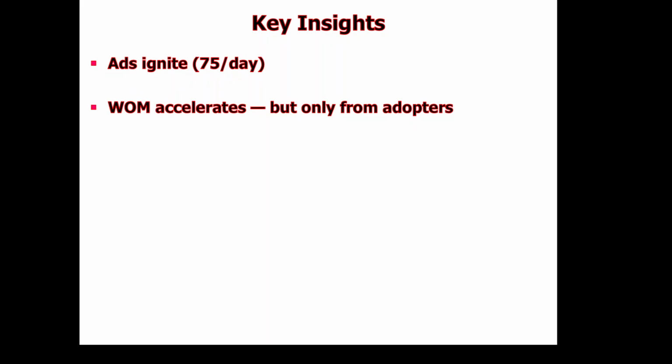So the key things to remember here: the advertisements ignite, they cause the main process to start, and they were like 75 per day initially. The word of mouth accelerates the whole phenomenon, but it only happens from adopters.